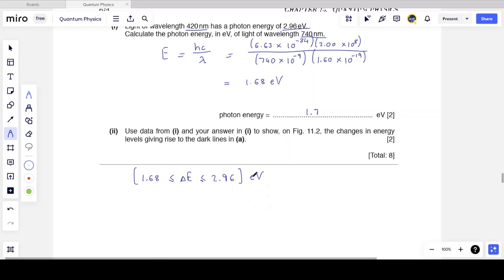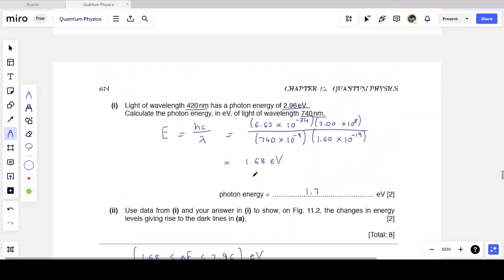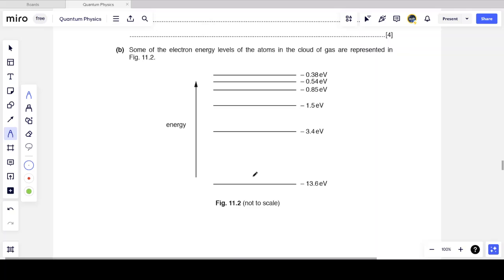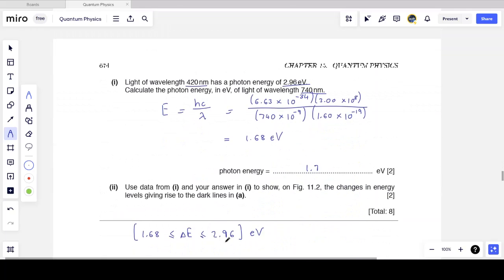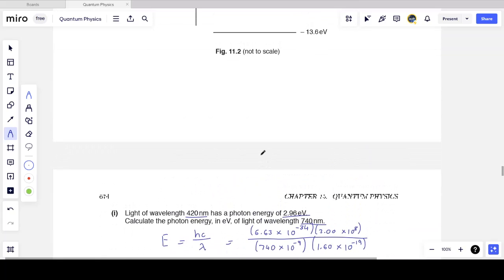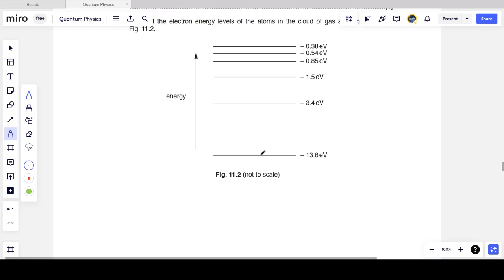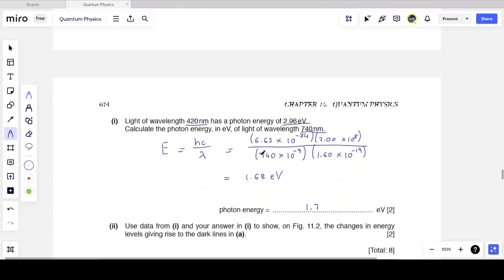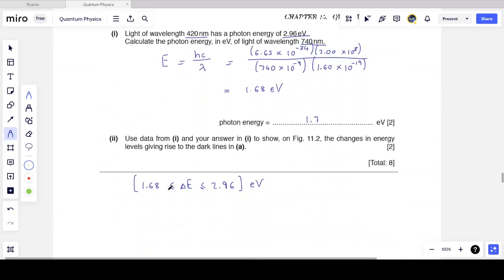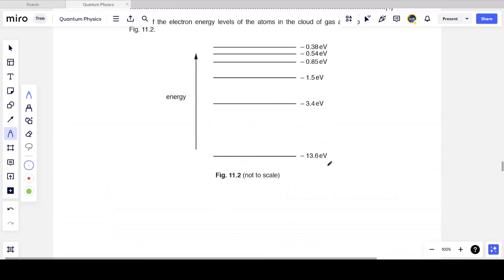And so I need to look for all the transitions where the change in energy level, the difference between energy levels, is between these two values. Now again, I can go and do every single one and figure out what those change in energy levels are, but I can sort of identify that just by looking. So 1.7 to 2.96, let's say 1.7 to 3. I know that 13.6 minus any of these values above is going to be much greater. So I know that the last energy level is not going to be the ground state energy level.